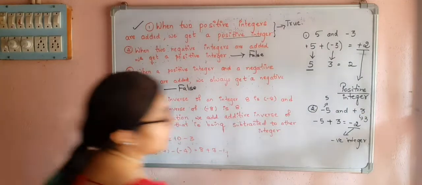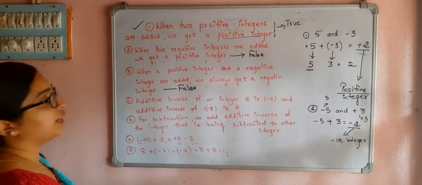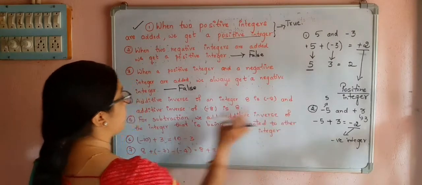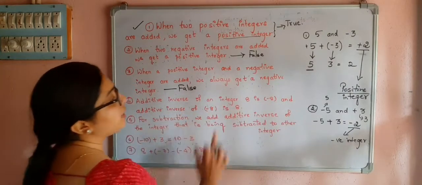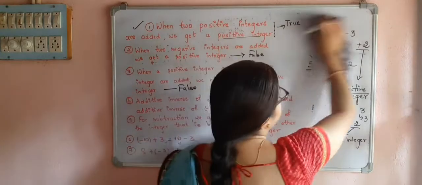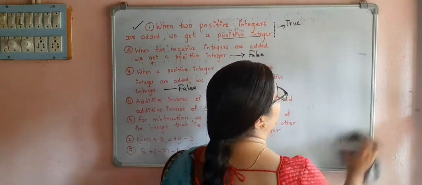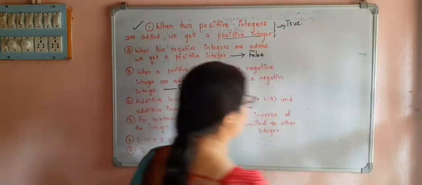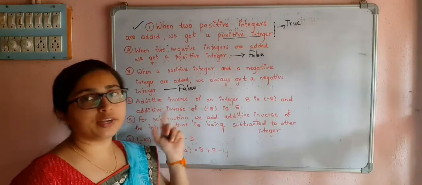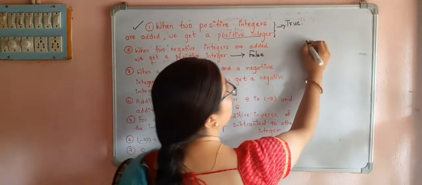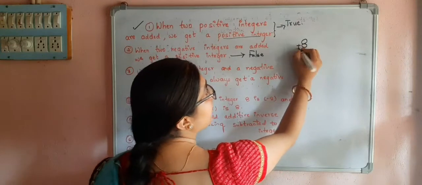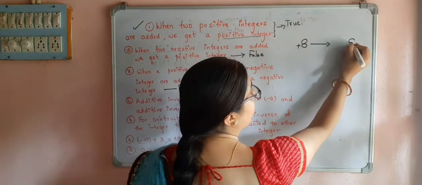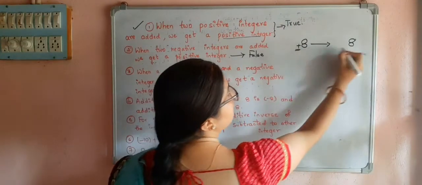Okay. So next is, additive inverse of an integer 8 is minus 8, and additive inverse of minus 8 is 8. Yes, that is true, because I have already explained to you the concept of additive inverse. I have told you if there is plus 8, the additive inverse will be 8 only, but you have to change the sign of this.